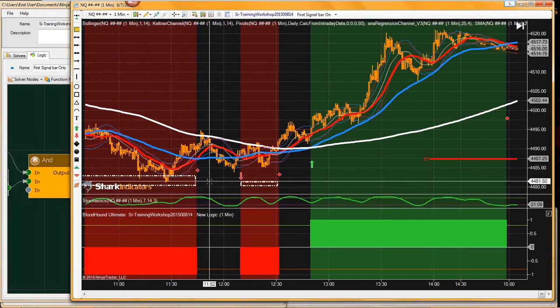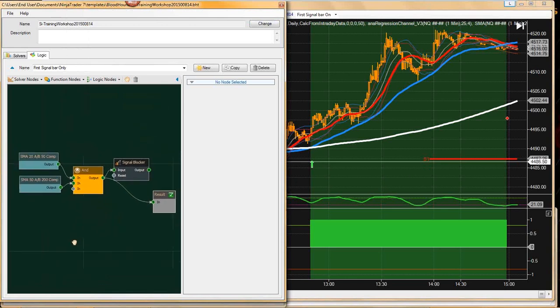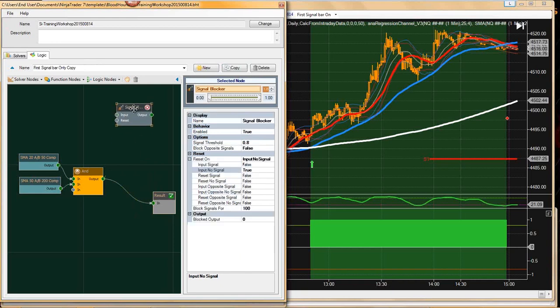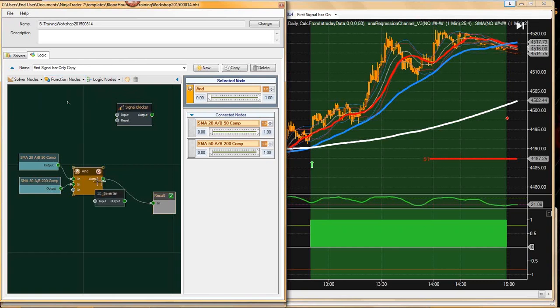I'm going to invert it, not reverse it, but invert it. Let's see. I'm going to do this in a separate logic template, so I'm going to make a copy here. I don't think I'm going to need that signal blocker, but I'll throw it off to the side. And let's grab an inverter.